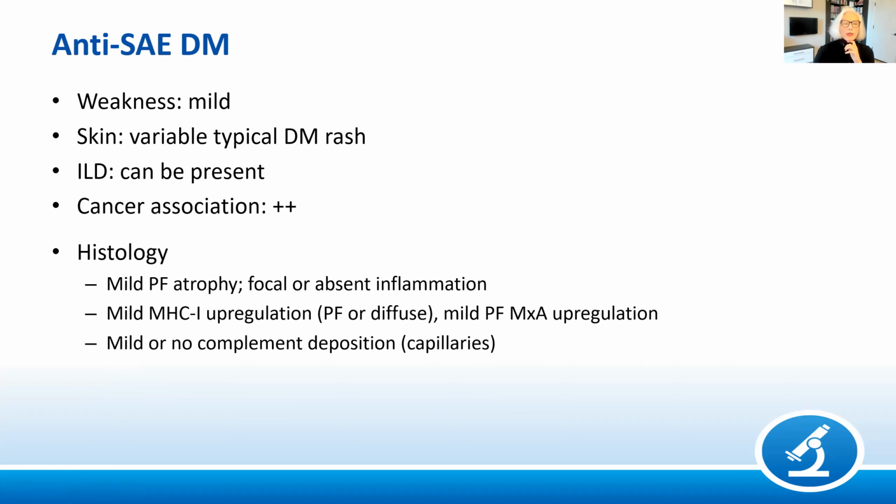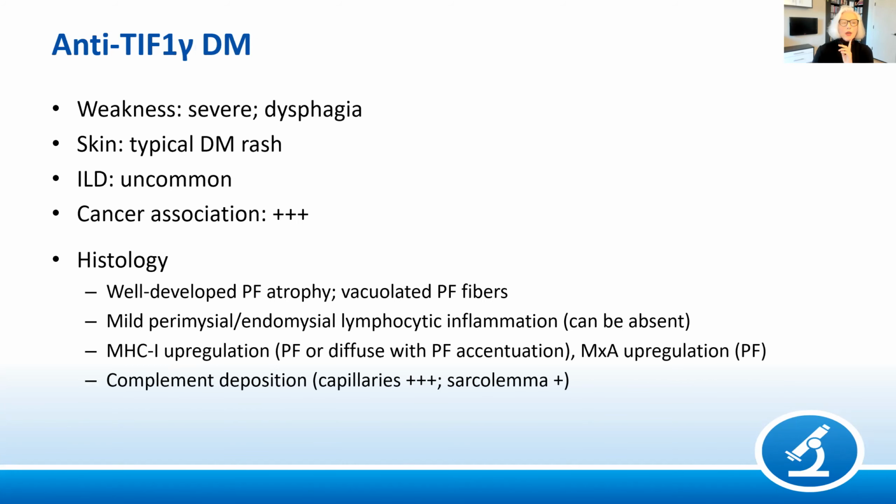And so this is maybe a setting where you have normal histology, but then you just pick up perifascicular MHC1 upregulation and perifascicular MXA upregulation to clue you into the correct diagnosis. So typical findings, but can be patchy, and so the muscle can look normal even if the patient does have this disease, if you have a sampling error, essentially.